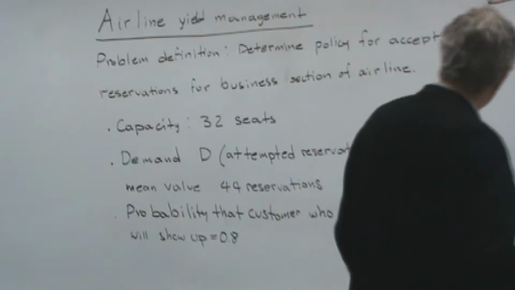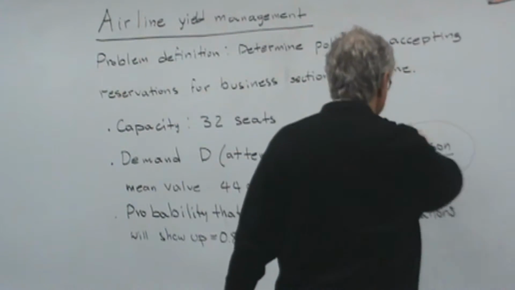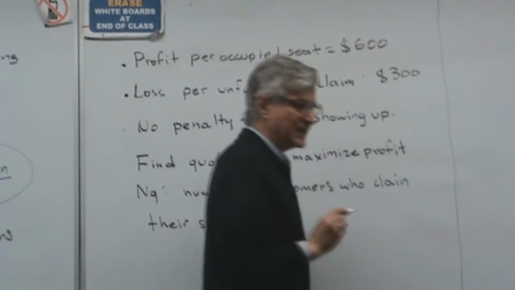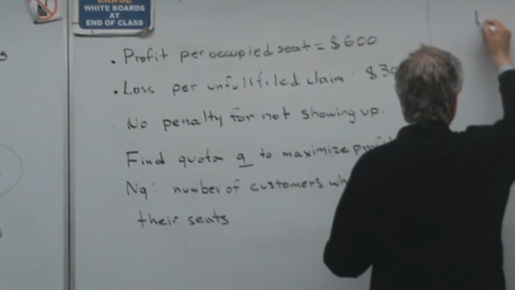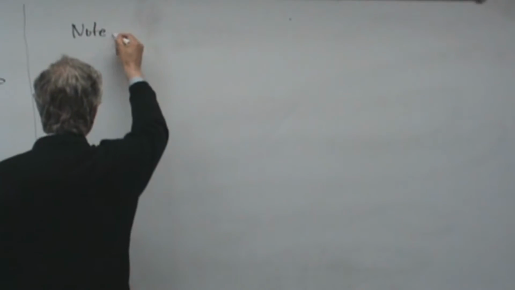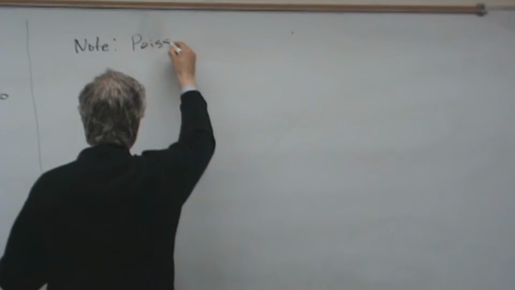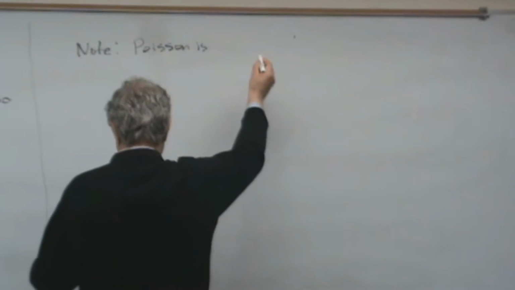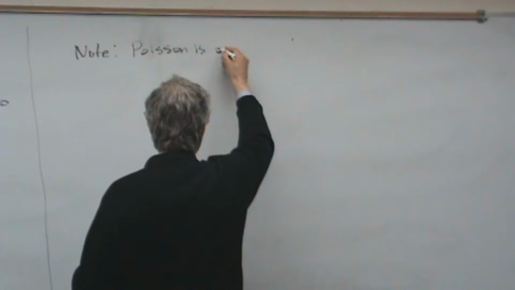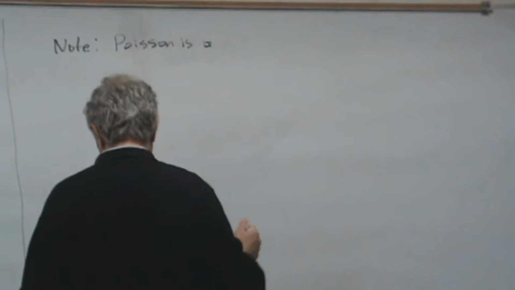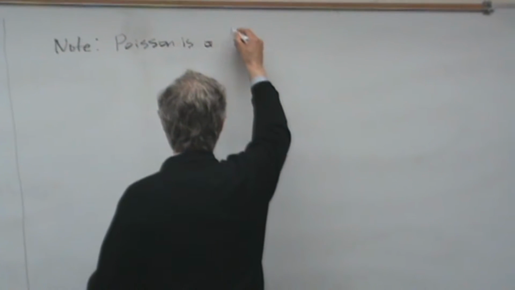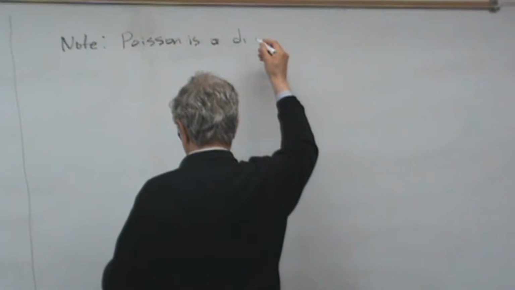So just to explain this distribution and justify why it is appropriate for this problem, note Poisson is a discrete distribution, obviously, because the reservations must be integers.